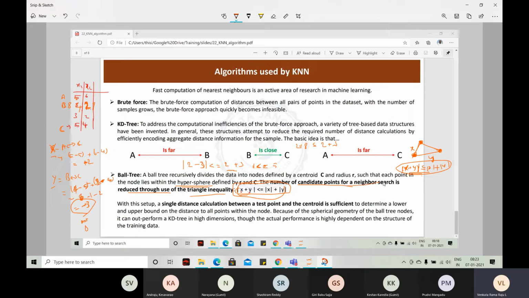The number of candidate points of the neighbor set is reduced through use of this. I think it is simple. It is going to take the data point, the record we want to predict, and take the centroids and calculate the distances x's and y's, right? There will be many values x, y, z, like that, and this rule is going to be satisfied there, and it's going to choose the closest one.